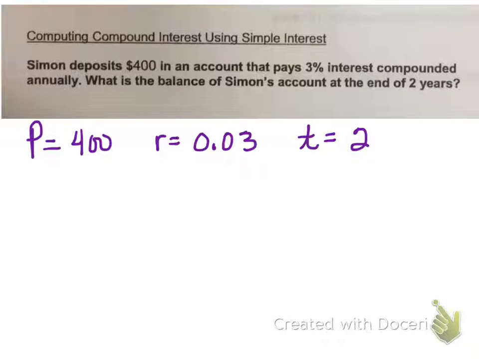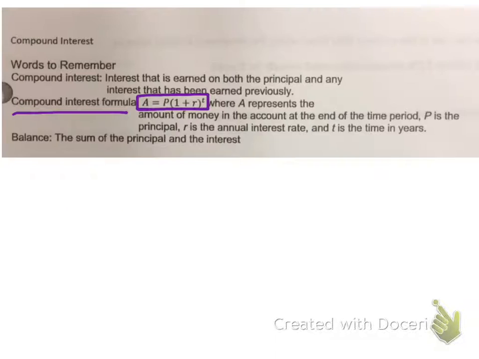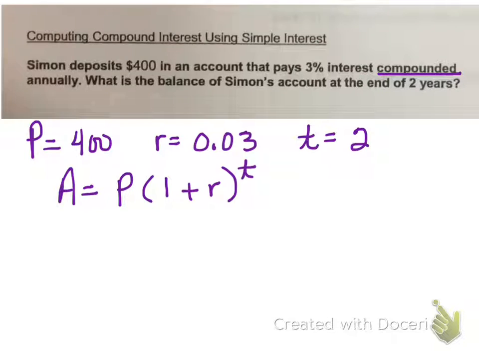Because it says compounded, then you're going to choose this new formula. A is equal to P, parentheses, 1 plus R, close parentheses, to the T. That's the right formula, right? Okay? Because the interest is compounded, we're going to change our formula here.